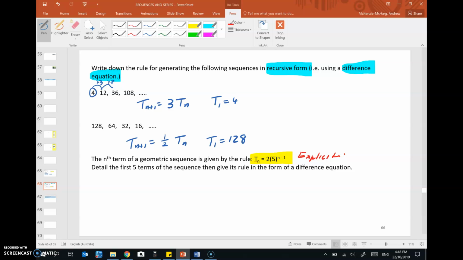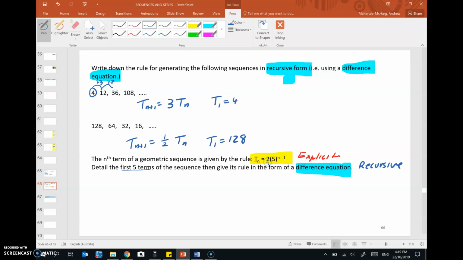We're going to put that as a difference equation, which is in this recursive form we referred to earlier. So we're going to change it to recursive form. We can actually do this relatively easily without even writing down the first 5 terms of the sequence, but we'll do that anyway.